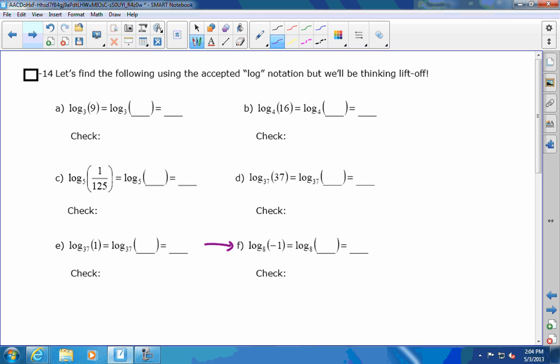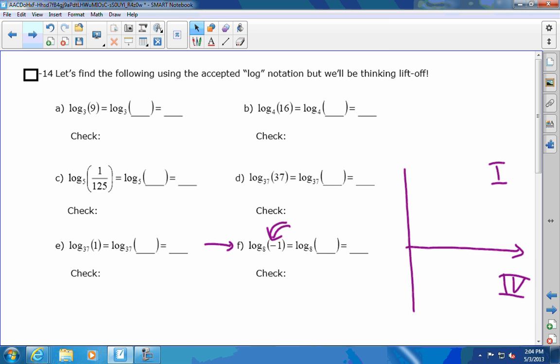So log function, we said, was the inverse of our exponential function. What two quadrants was our log function located in? First, and the one below it, the fourth. So what has to be true about the domain of our log function? The range of e to the x, which is all positive numbers.